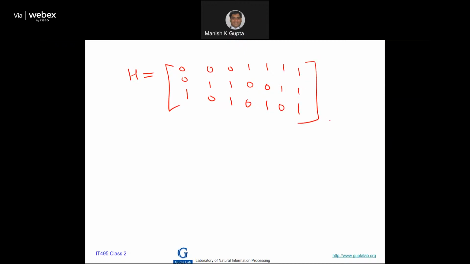This is the parity check matrix of the Hamming code, right? H3. So length is 7, dimension is 4, distance is 3.